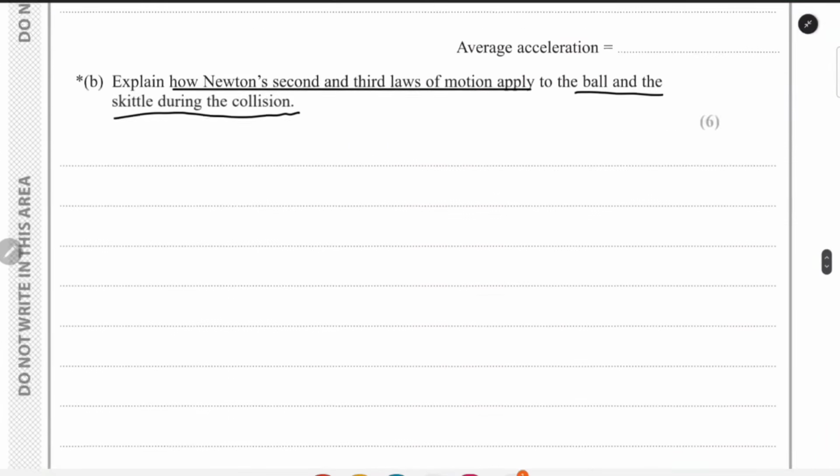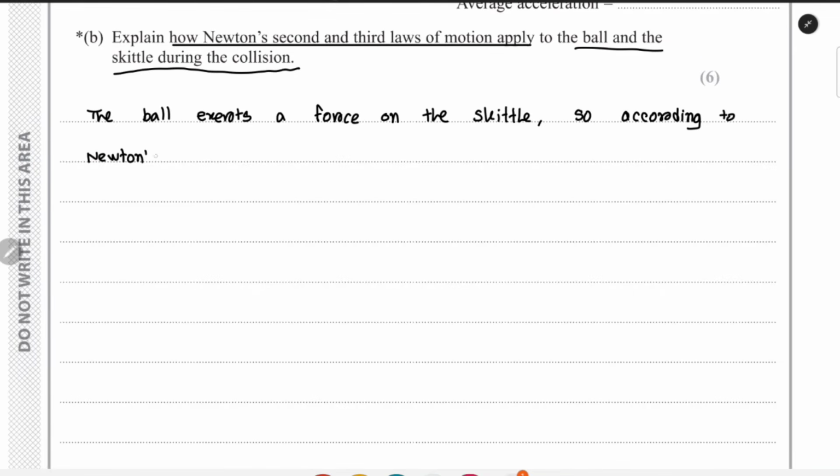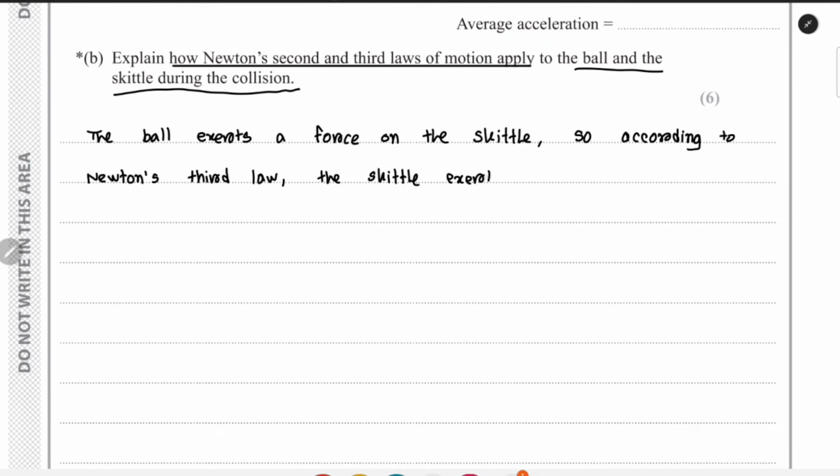So that's all the points about Newton's third law.